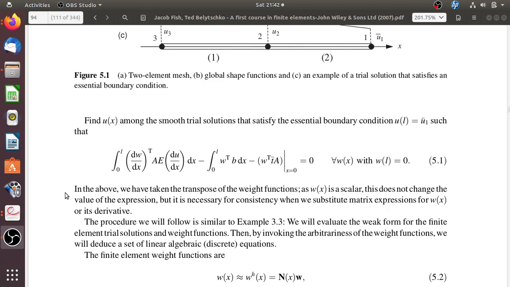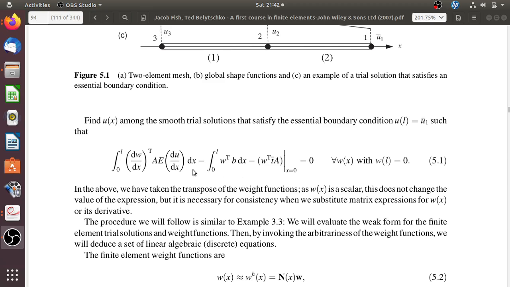convert the strong form into a weak form, and say for an elliptical equation, this is the weak form we will get. And once we get this weak form, what we will do is we will assume a function for u and w, okay, and then we choose that function such that it satisfies this equation, right?